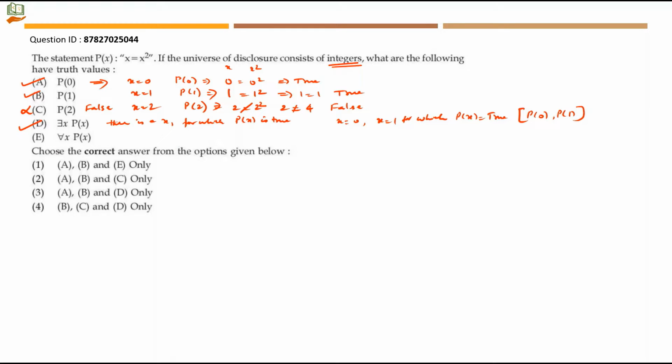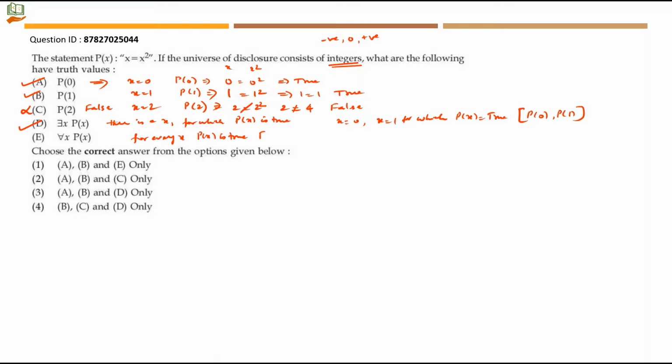Existential quantifier states that x should have at least one value. Here x has two values. So in integers we will have negative numbers, 0 and positive numbers. So there exists an x means there is at least one value. So here there are two values, which states that it's true. Now we will check E. For every x, P of x is true.